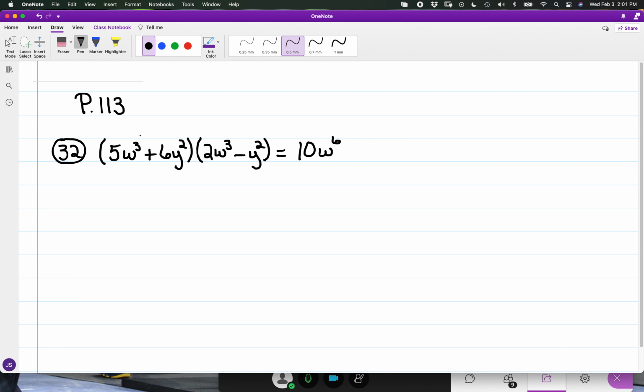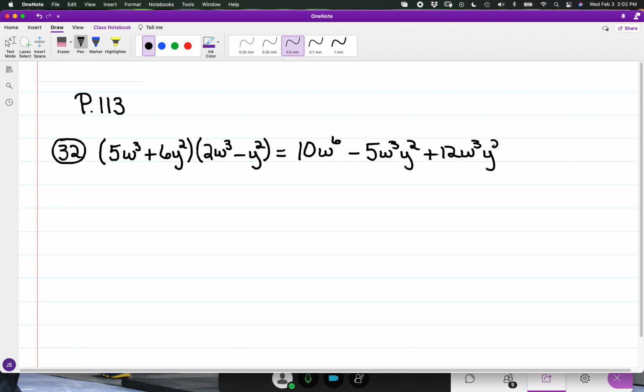Now for the outside terms, I'm connecting 5w cubed with the negative of y squared, so this product is going to be minus 5w cubed y to the 2nd. And for the inside product, I'm connecting 6y squared and 2w cubed, and so we're going to have a positive product, plus 12w to the 3rd y squared.